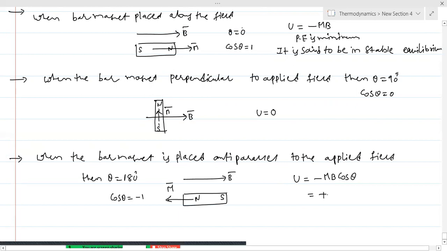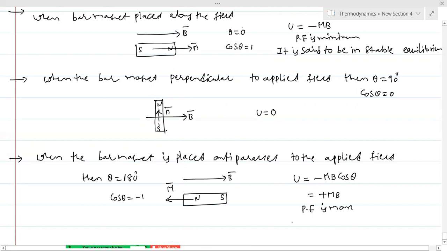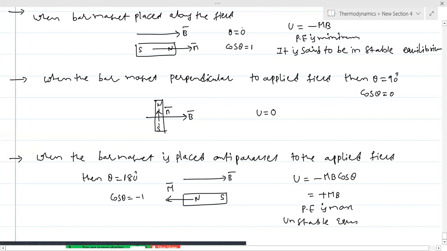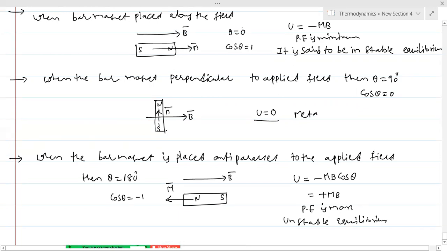So finally, U equals plus MB. So here potential energy is maximum. So this is called unstable equilibrium. Or if you are interested, we can also learn this as U equal to 0. It is called metastable equilibrium.